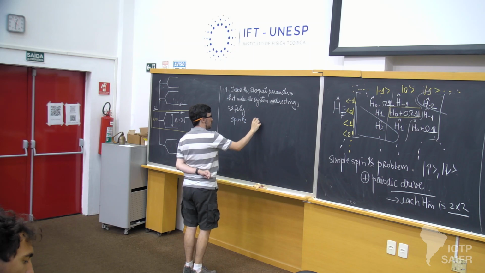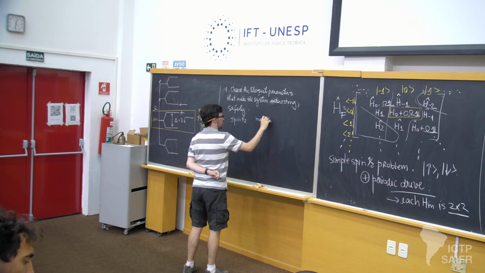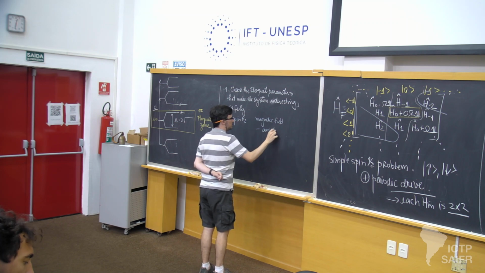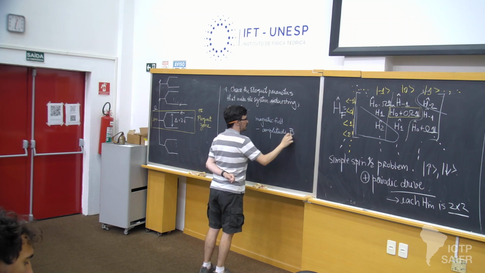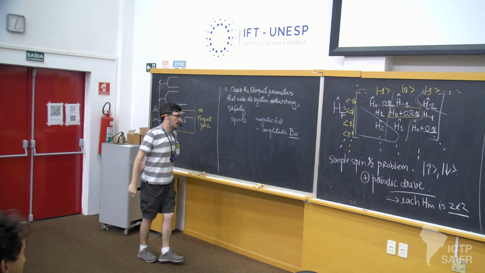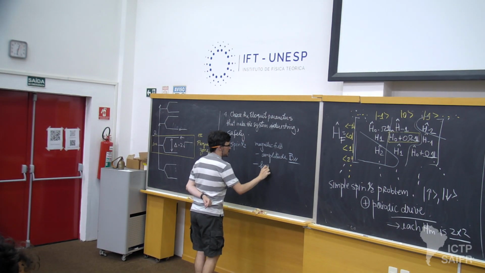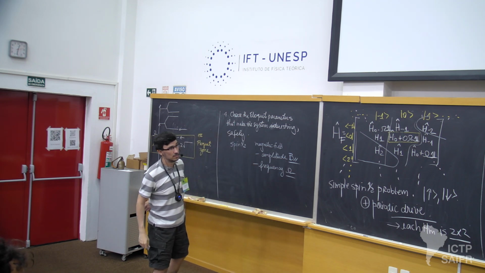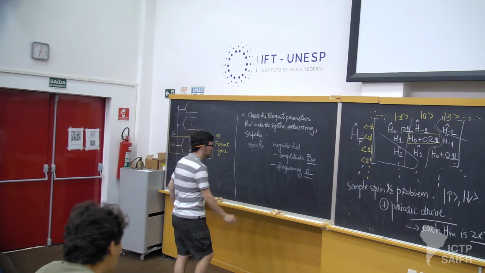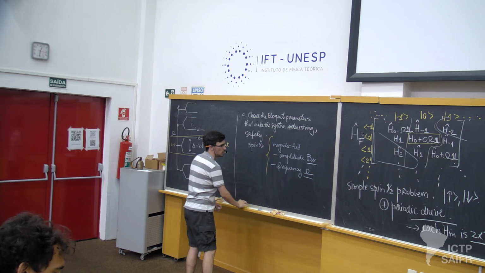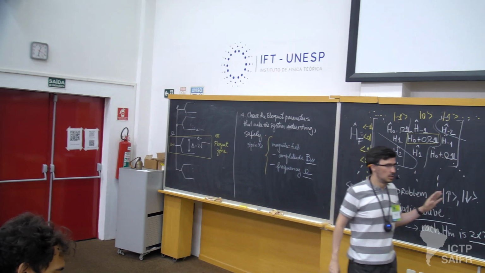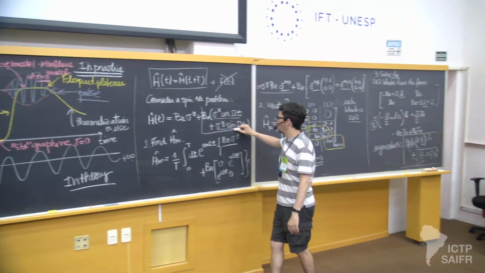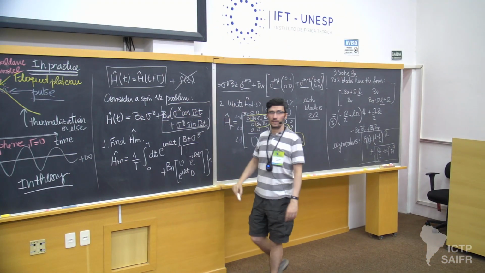I had a magnetic field that has an amplitude B parallel, and it has a frequency omega. These are the two new parameters. I didn't have these two parameters before. Here I have BZ, but now I have these two parameters, this and this.